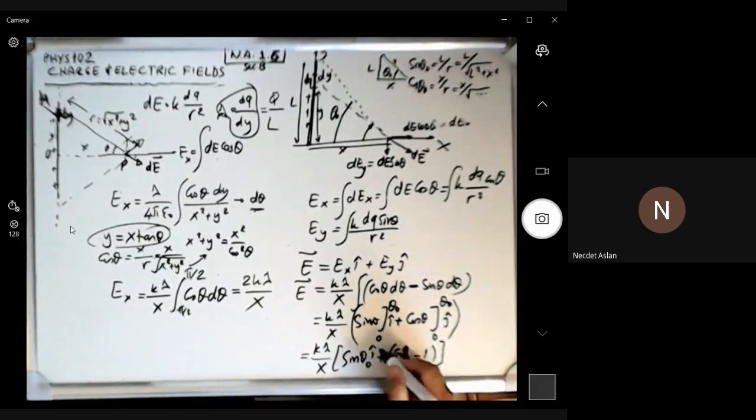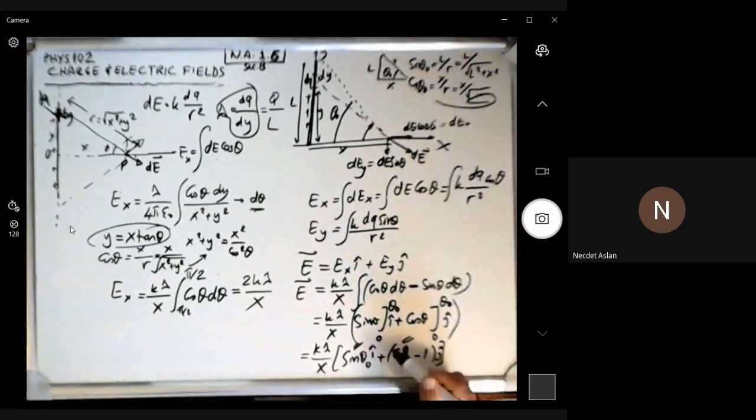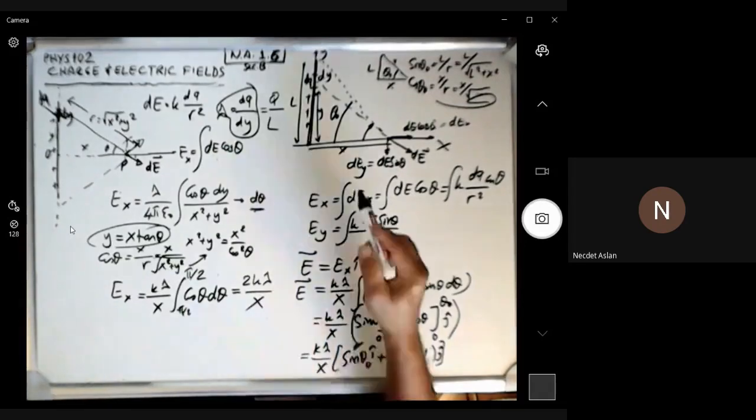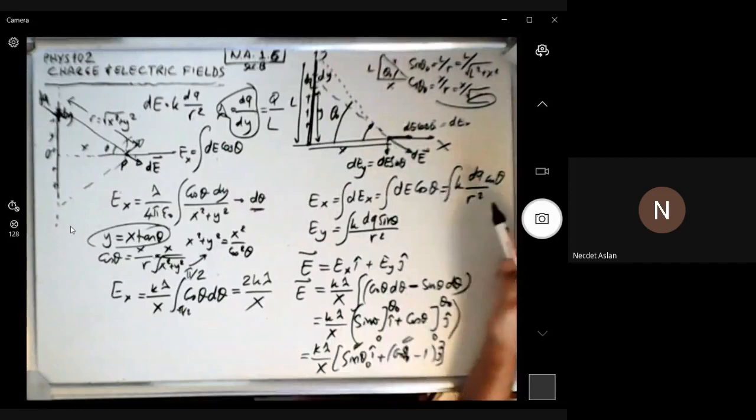And here again, i there and j there. For cosine theta 0 and sine theta 0, you can use these values and then write everything in terms of L and x, as you see. So the electric field at this point will be given by this expression.